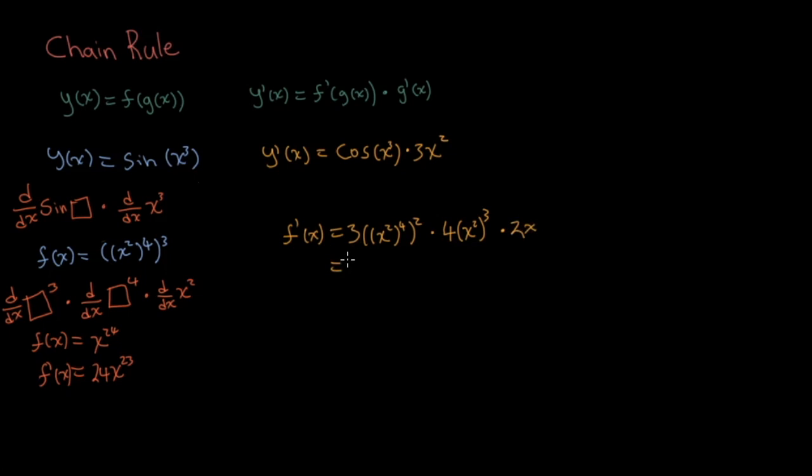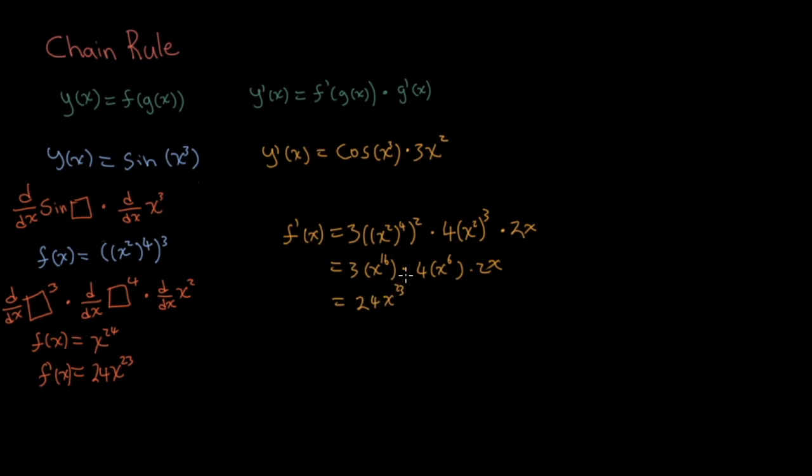Simplifying that, we get 3x to the power of 16, we're just multiplying these exponents here, times 4x to the power of 6 times 2x. And if we simplify that even further, we get 24x to the power of 23.